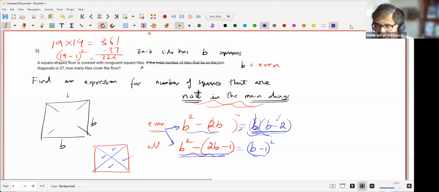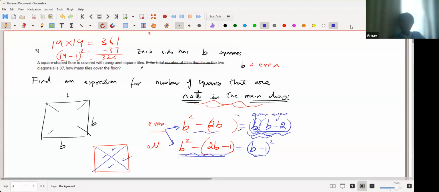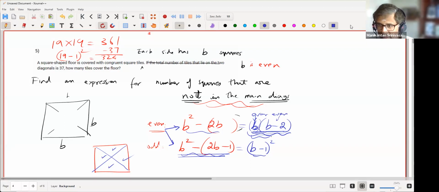If b is even, as Arnav said, even times even will be a multiple of 4. If b is odd, as Akrit was saying, this expression reduces to b minus 1 whole square, which is even into even. Therefore, it has 4 buried in it. Either way, it has 4 in it. Does it make sense, guys? All of you.